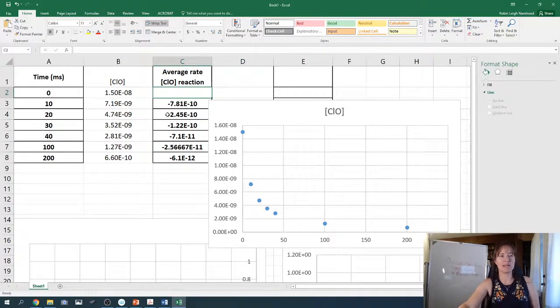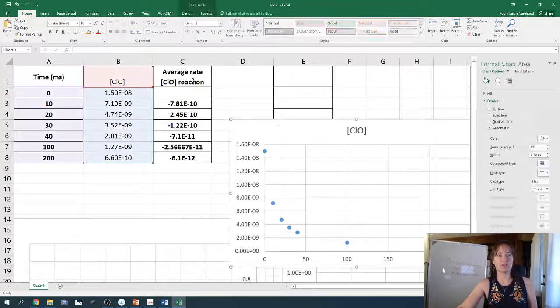The reason it's negative is because it's a reactant and that substance is disappearing. And so if it was a product, it would be a positive average rate, but the rate itself is just 7.81 times 10 to the negative 10. The negative just means it's the rate of disappearance. So that is another thing that you can use Excel to do if you have time versus the amount of a substance.